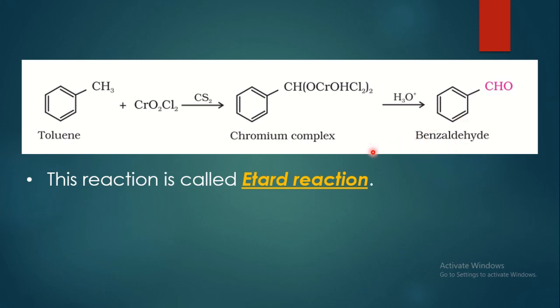And this special kind of reaction is known as Etard reaction. Because usually what will they ask in the question? What is Etard reaction? By that time you should remember how basically any hydrocarbon we take with chromyl chloride will form a chromium complex, then again hydrolysis, then aldehyde.